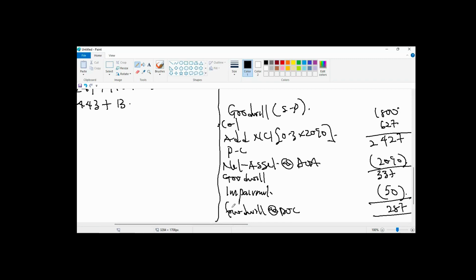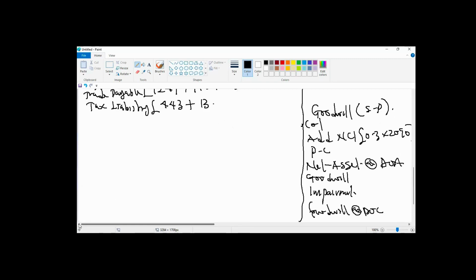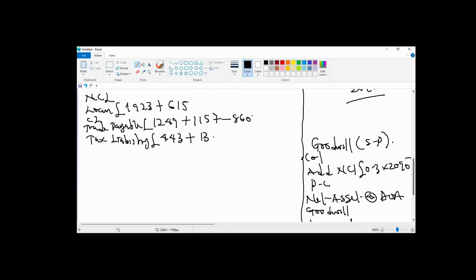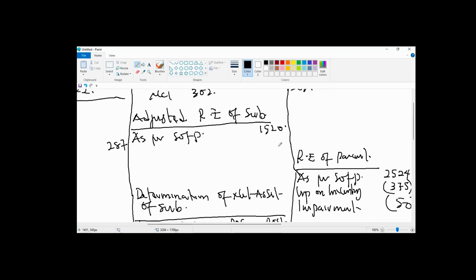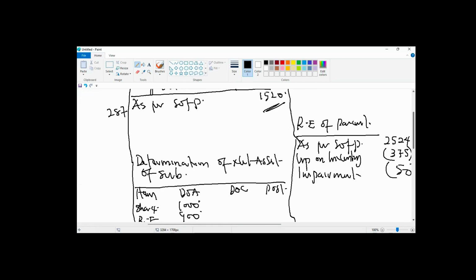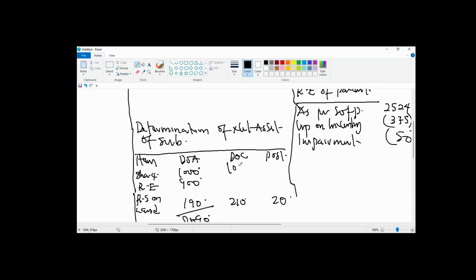Just come to goodwill. That is it. Nothing happened to the retained earnings. 1520 minus 900.